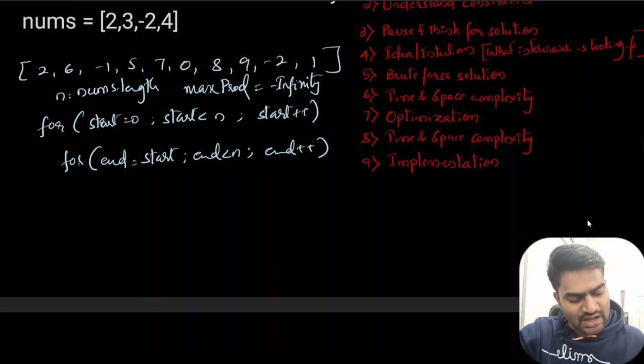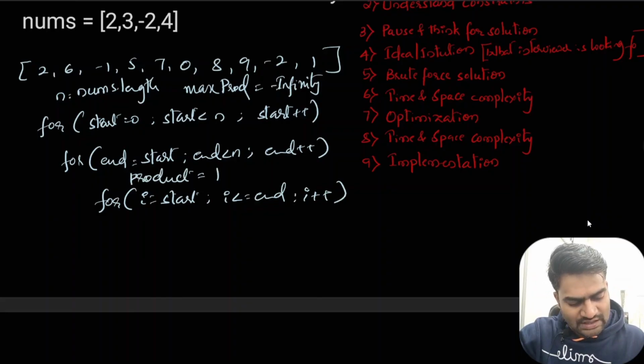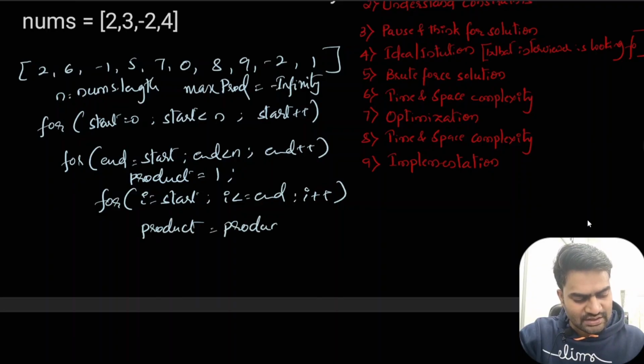Now I will take another for loop, for i equal to start, i less than or equal to end, i plus plus. So this will iterate over the subarray. Before that, I will take product equal to 1. Then I will say product equals product times nums of i.